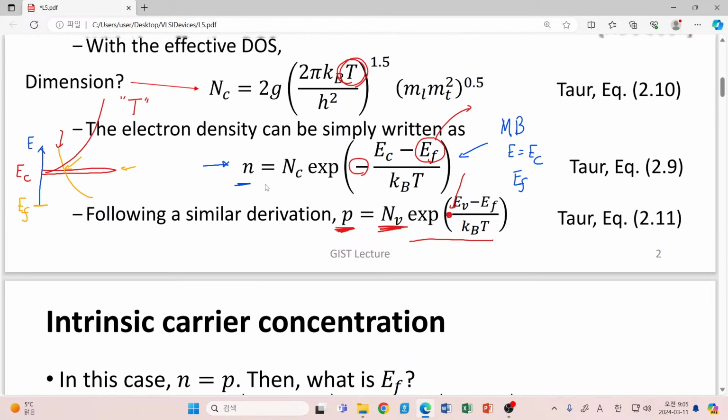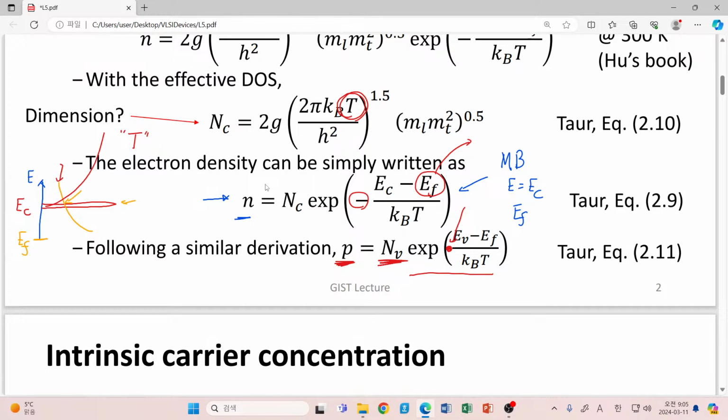By the way, although we can write it down in that way, it is already quite approximated. What we have to do in the most rigorous way is, even at equilibrium, to integrate the density of states times our Fermi-Dirac distribution function over our energy range. That should be done.